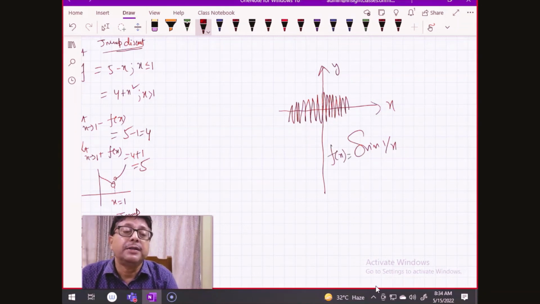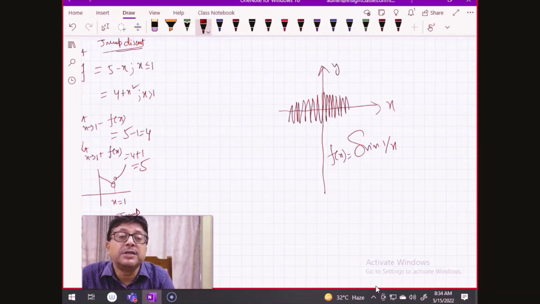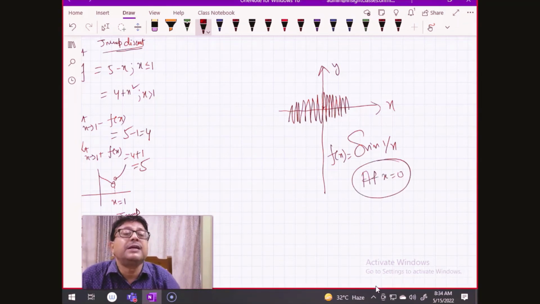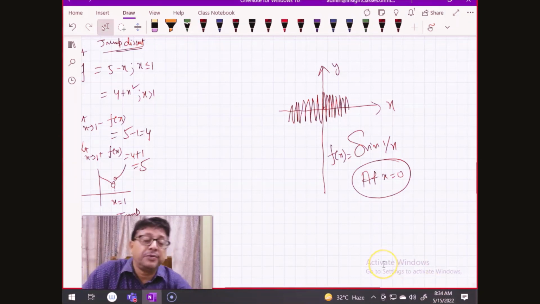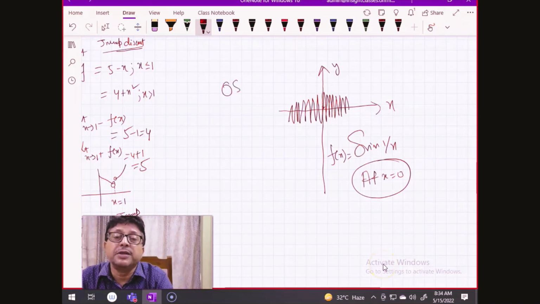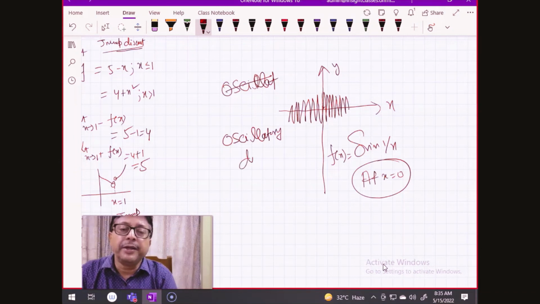This time the function is not continuous. At which point? At x equal to 0. At x equal to 0, the value is oscillating. It oscillates between minus 1 and plus 1. You can't predict which one is going to be the value of it. This is said to be the third type of irremovable discontinuity, which is known as oscillatory discontinuity.